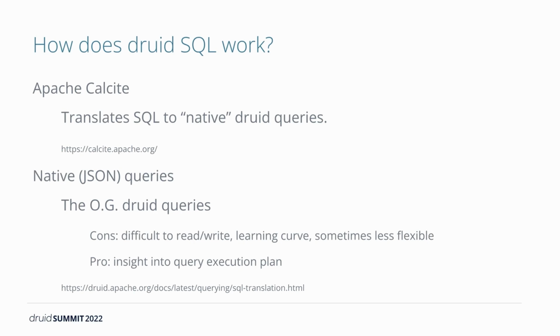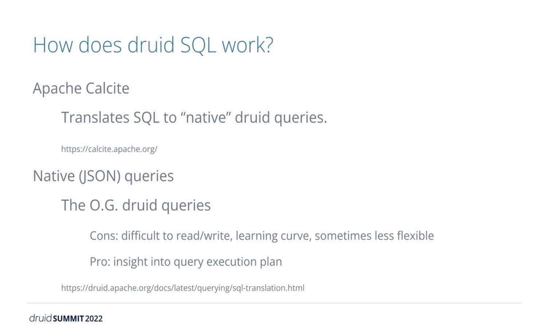I have a link. It's not for the faint of heart. It's very abstract, but it's very useful to us. And it translates your SQL query into a native JSON query.